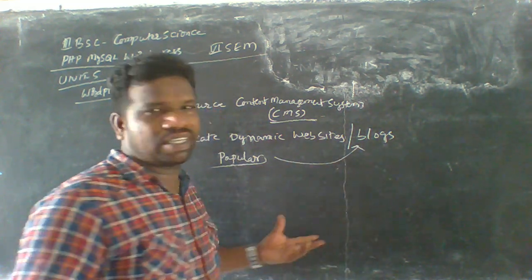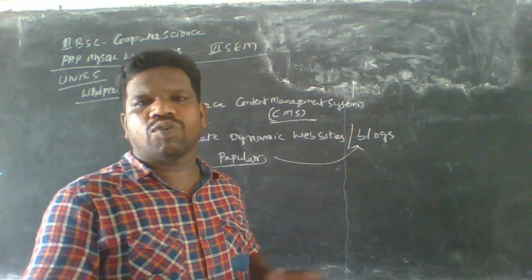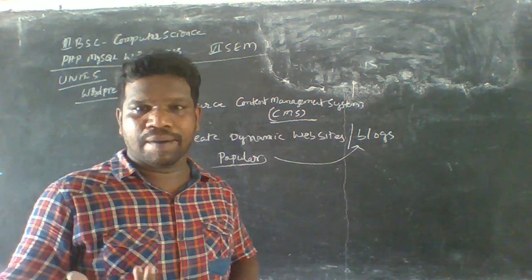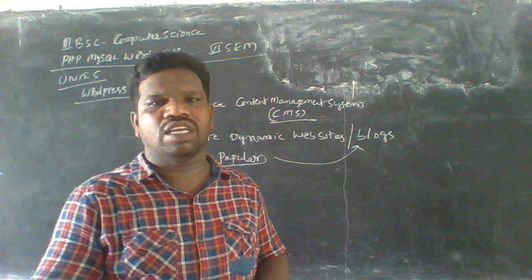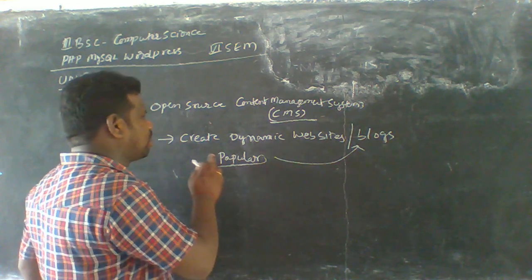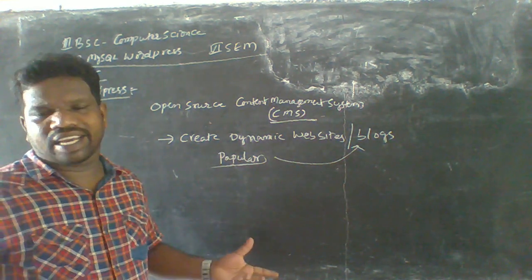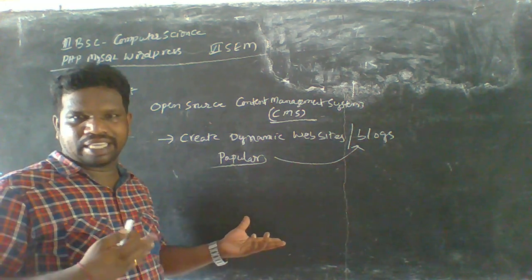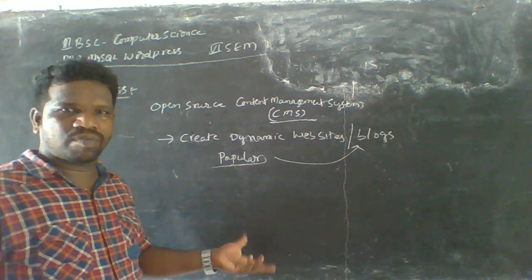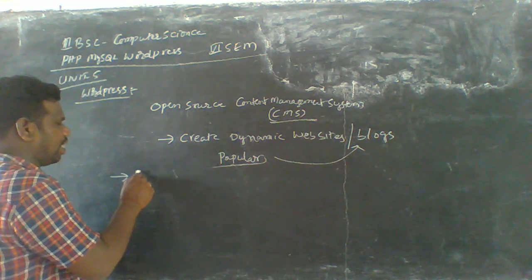For blogging purposes it is very important, and it also allows updating, customizing and managing the website from its backend CMS and components. Using WordPress, we can update, manage and customize websites from its backend CMS.